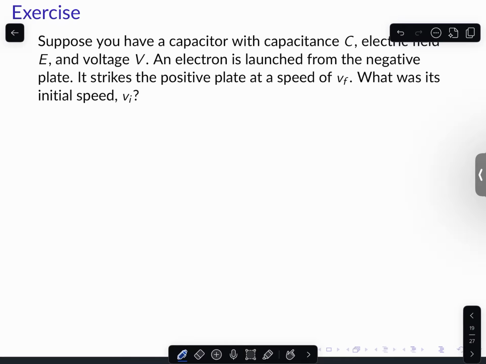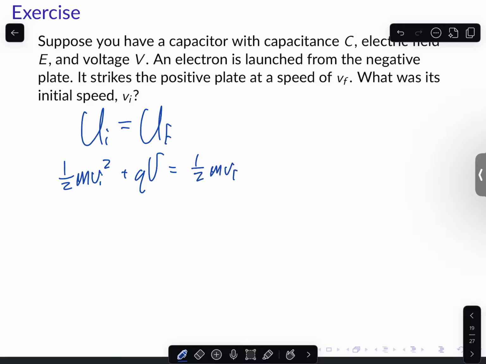Hopefully that tickles some neurons, triggers some memories here. So if I write stored energy releases, and if I start with some kinetic energy and some electrical energy and release that into purely kinetic energy, I could just write half mv initial squared plus charge times voltage equals half mv final squared.